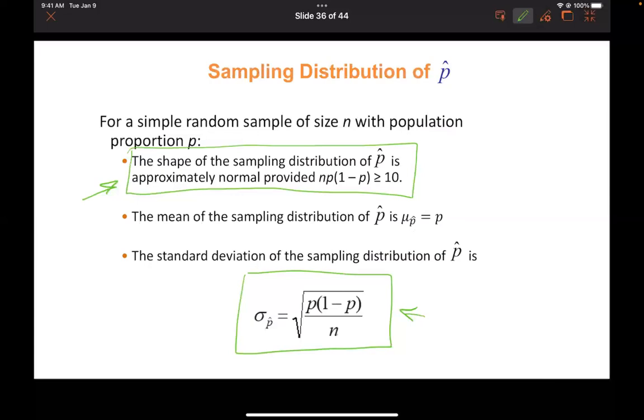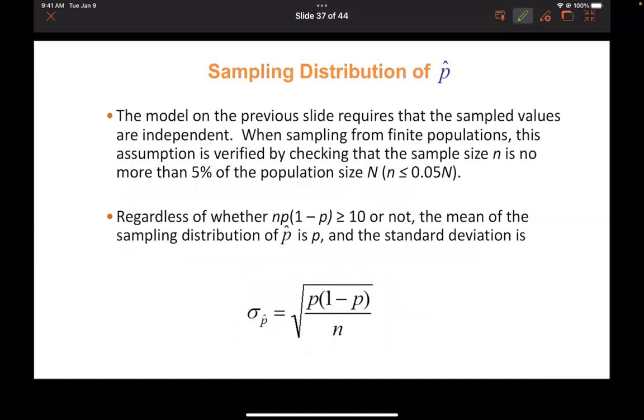All right, moving on. One important thing is that when we are sampling, you need to make sure that your sample size is no more than 5% of the population. The reason this is important is because our sample values won't be independent if we have too large a percent of the population.